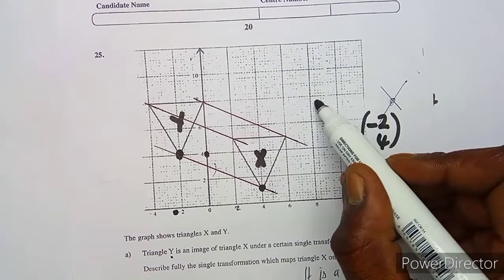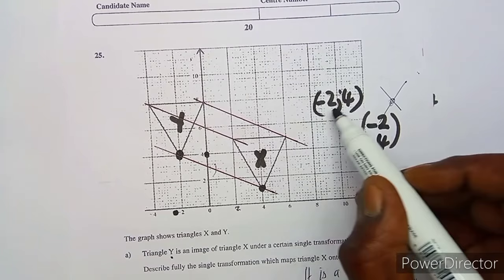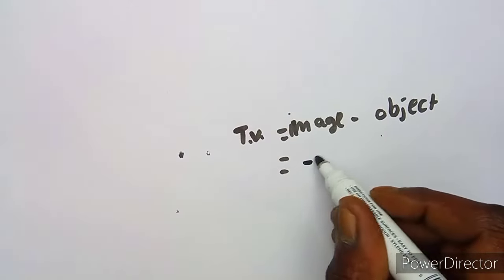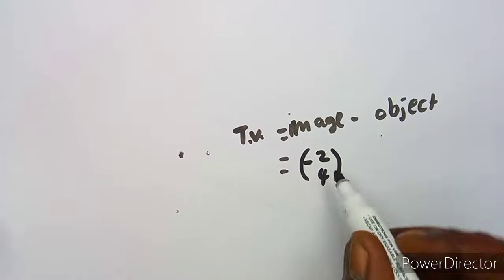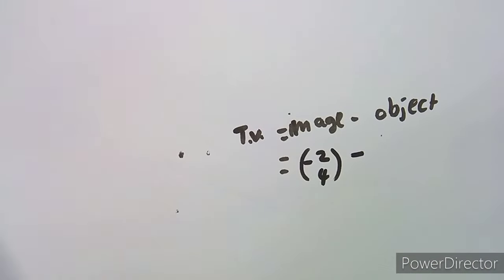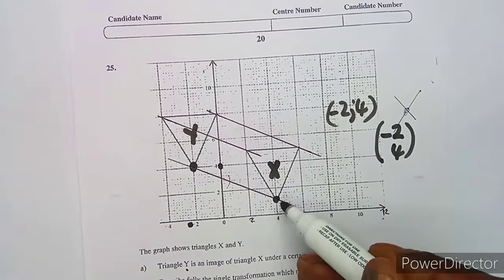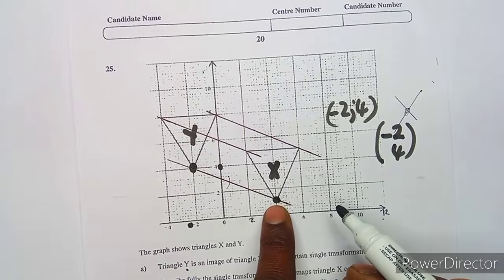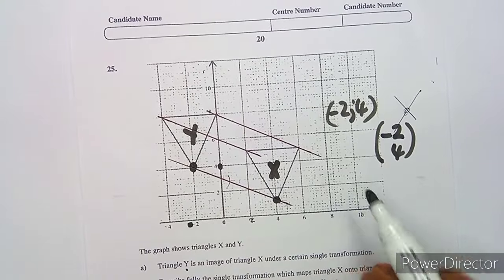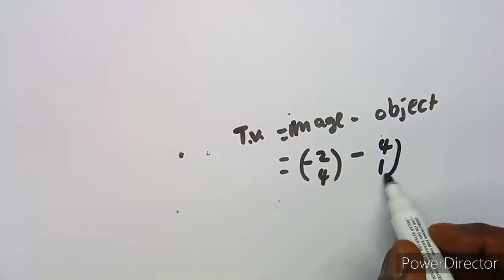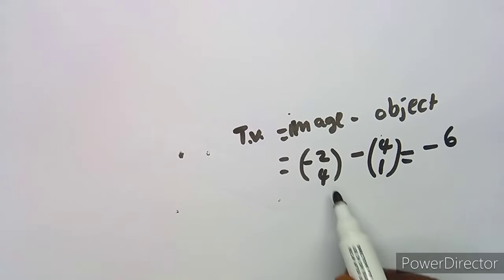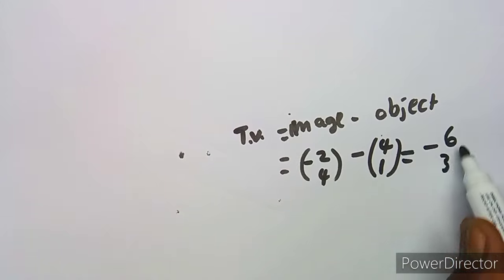From this you subtract the corresponding point on the object, which is (4, 1). That's your translation vector. Minus 2 minus 4 is minus 6, and 4 minus 1 is 3. So that's your translation vector.